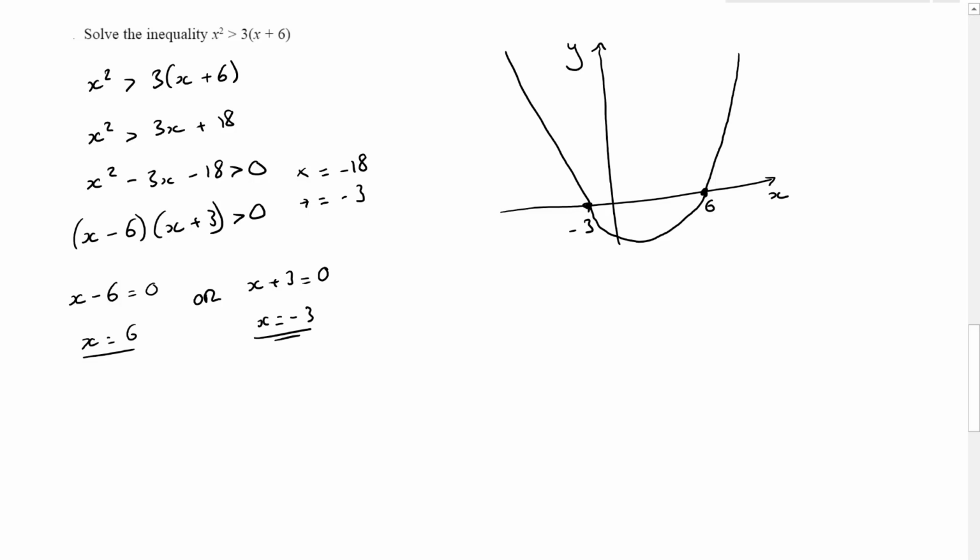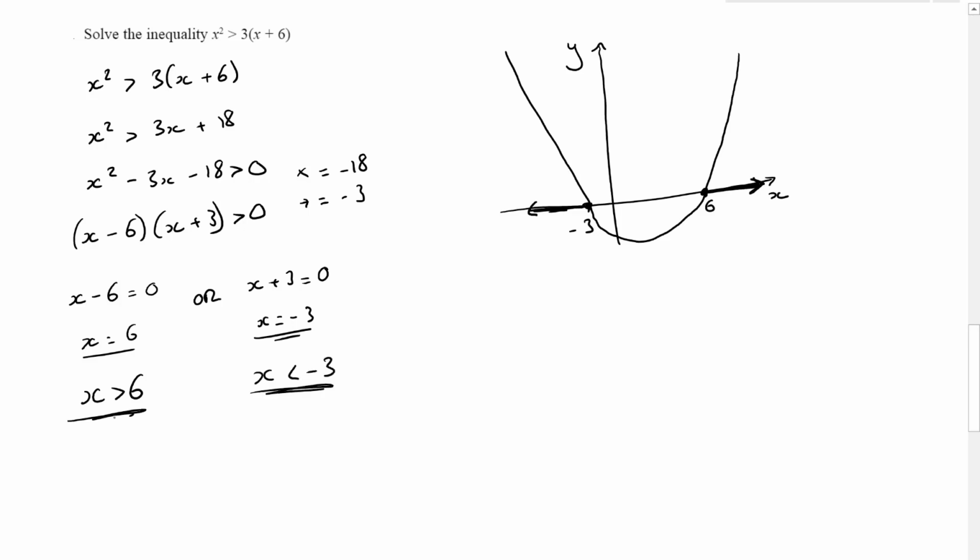So these expressions mean that if we want something that's greater than 0, it can't possibly be in between these two values, because that would give you a y reading of a negative, and that would be less than 0, and so this wouldn't really be true. So we have to take them on either side, so it needs to be everything this side of 6, so x has to be greater than 6, and it has to be everything this side of minus 3, so x has to be less than minus 3, and these are our two solutions.